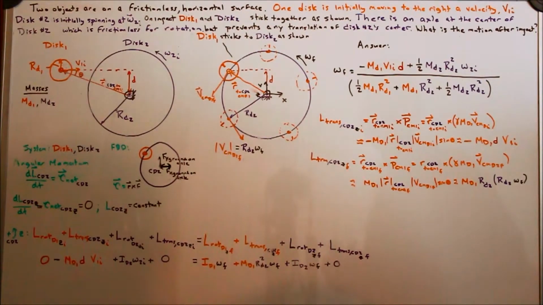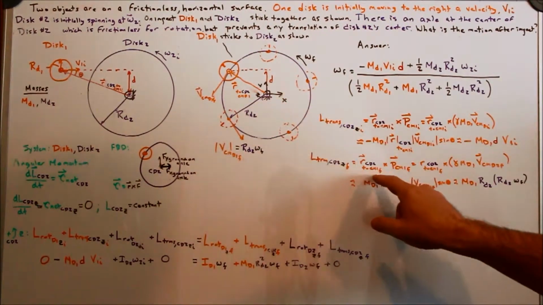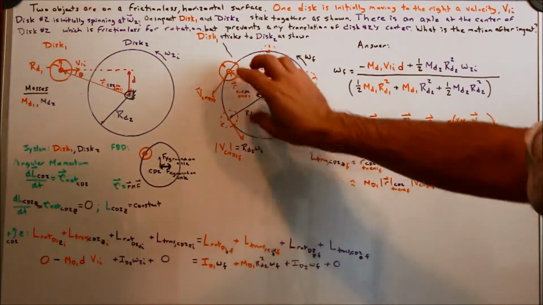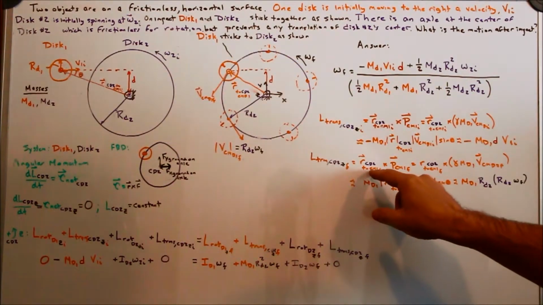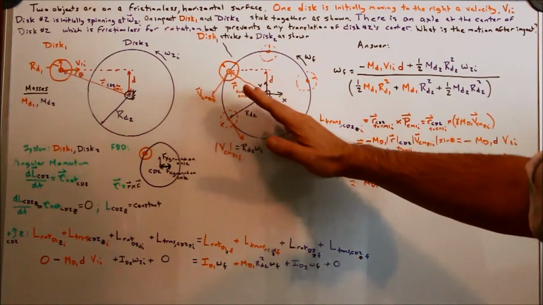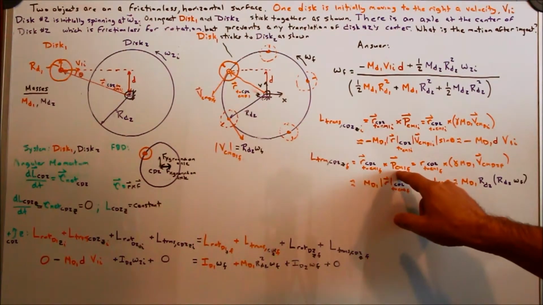What does r mean? R again means from this point we chose, the center of disk 2, to the center of disk 1, which is now considered to be a particle that has just translation. So we'll draw it at this point. Here r is going from this point to there. So there's r, and v, and the momentum term is related to velocity.